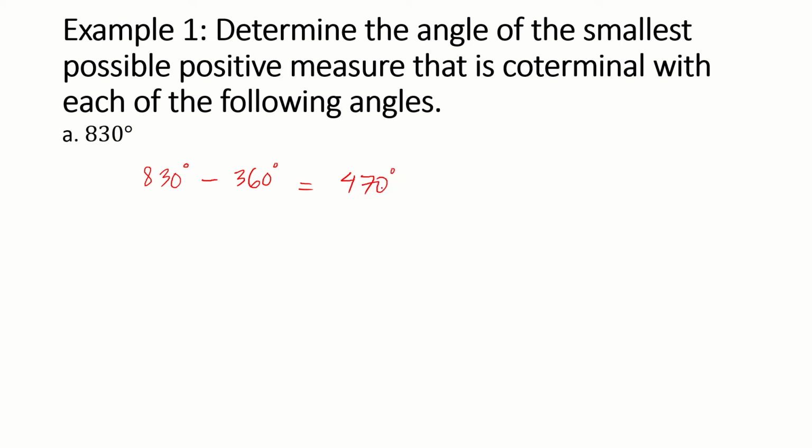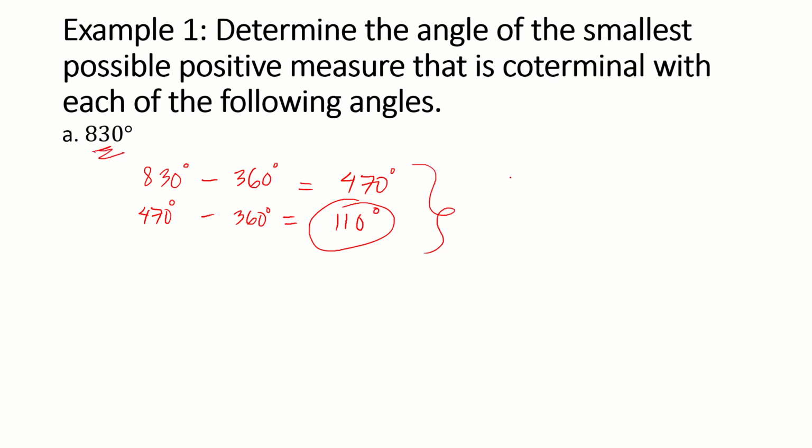But 470 degrees is still more than 360 degrees, so we still have to subtract 360 degrees again. So 470 minus 360 is equal to 110 degrees. So the angle with measure 110 degrees is the angle with the smallest positive measure that is coterminal with the angle with measure 830 degrees.